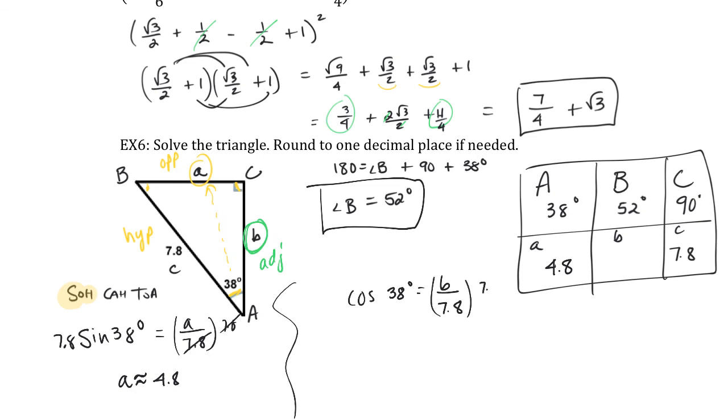Multiplying both sides by 7.8, we get B is approximately 7.8 times cosine of 38, which is 6.1. And I'm done.